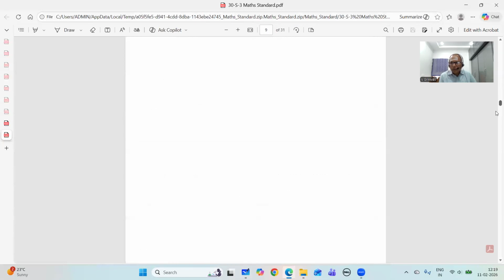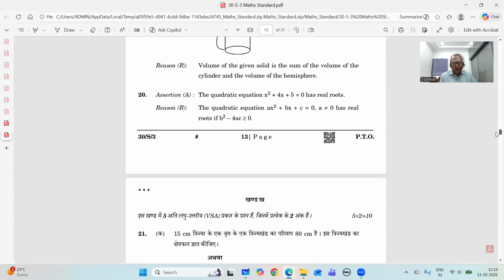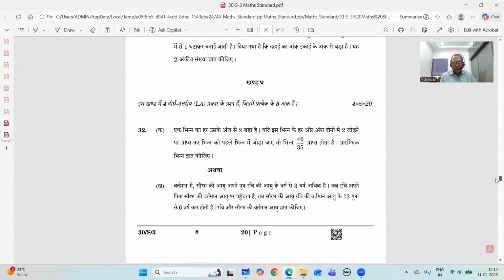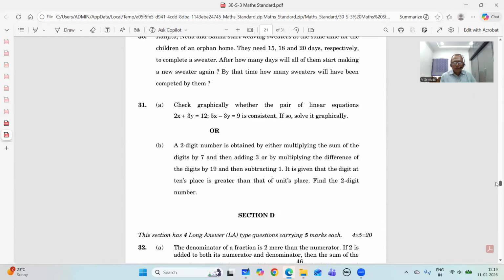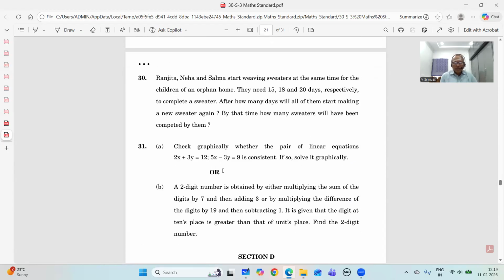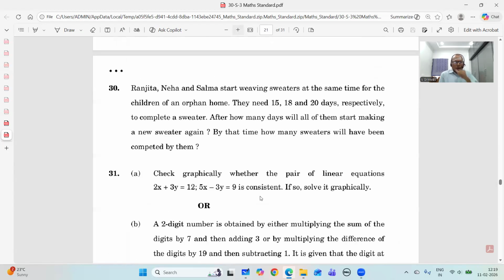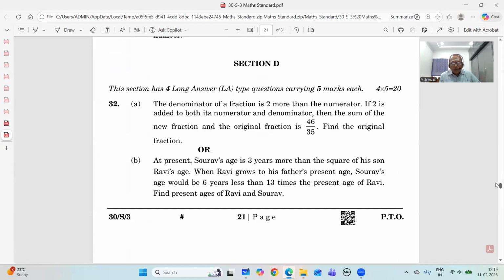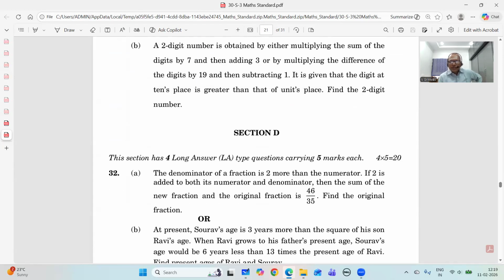Question number 32 or 31? It is this. It is 31B. A two-digit number is obtained by either multiplying the sum of the digits by 7 and then adding 3, or by multiplying the difference of the digits by 19 and then subtracting 1.